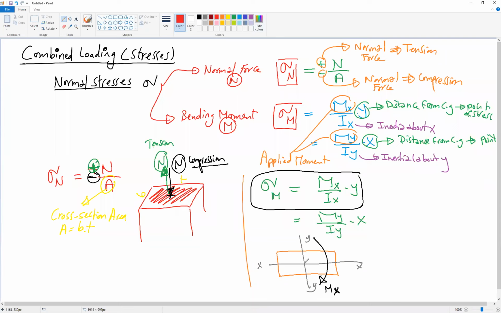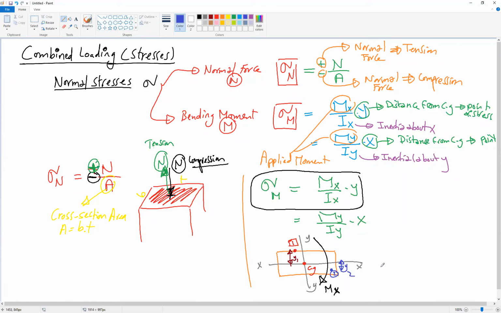Y is the distance from the CG centroid to the point of stress. If we want to calculate the stress at point 1, this will be Y1. If you want to calculate the stress at this point 2, this will be Y2, and so on.